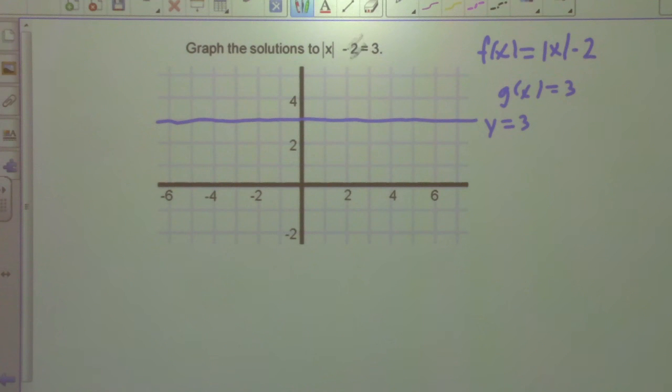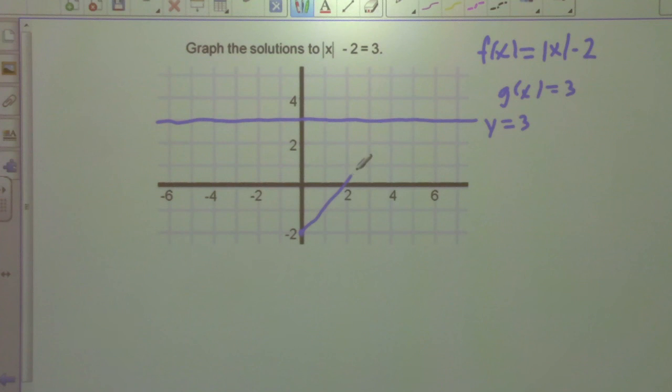And what about this one here? The slope would just be 1. Slope will be 1, right? Where would be our vertex? 2, 0. So there's 2, 0, right?